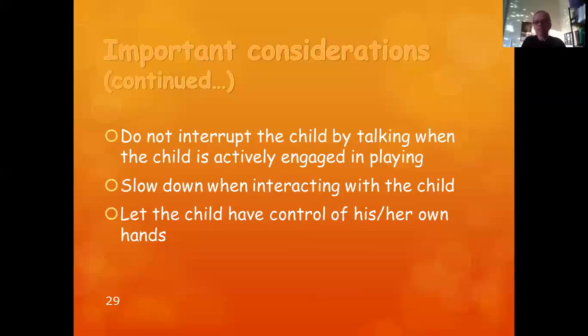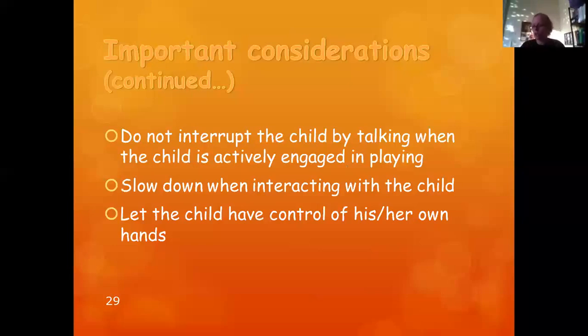Another important consideration is to slow down when you're interacting with the child. We move very quickly. And for some of our kids, that whole process of bringing information in and then acting upon it is a big challenge. We talked about that in the tactile strategies session. We've got to slow down.